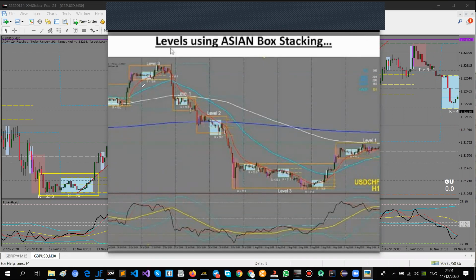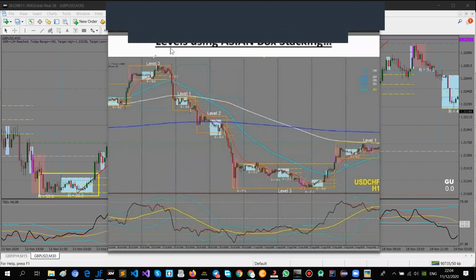As you can see from the previous week, we have our level 3 here, and it has its own Asian box in it. So that's a confirmation that this is level 3. So we now need to count levels into the past. By the way, I'll tell you which method is my favorite method of counting levels when you're done. For level 1, we don't need to hurry into level 1 first.